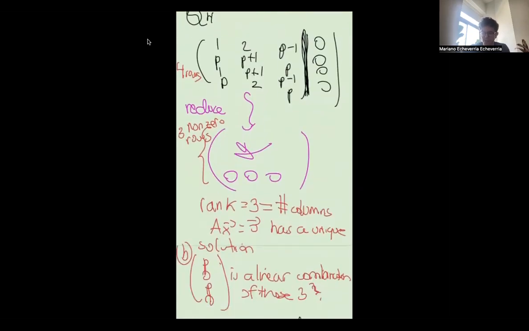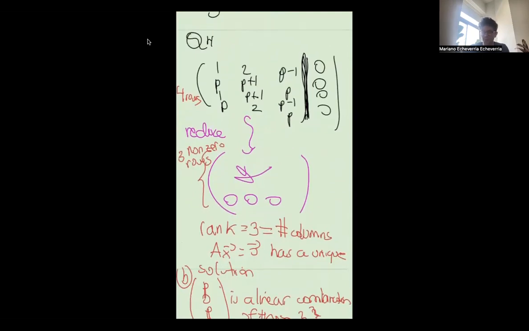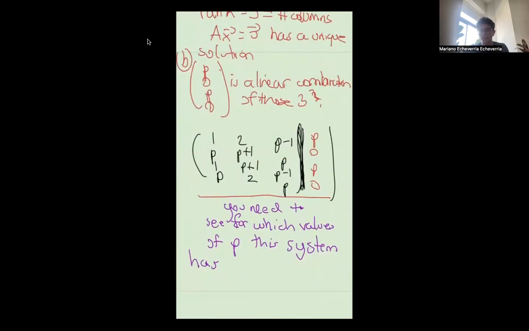In the first part of the problem, it was just asking when these three vectors are linearly independent. If you're asking about linear independence, you always put 0, 0, 0. But if you're asking for a linear combination, you put the vector you care about.